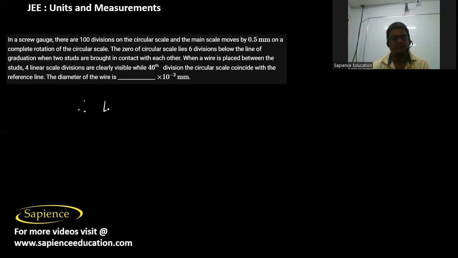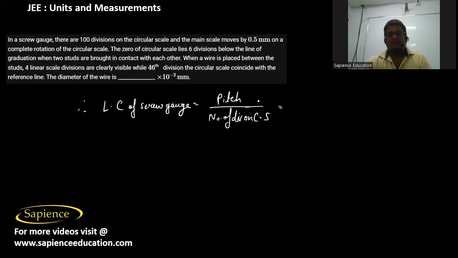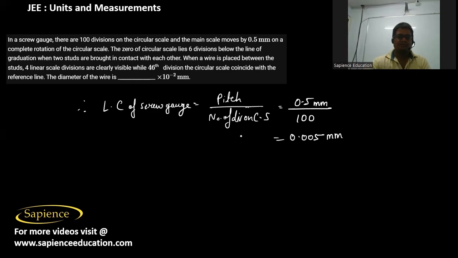So we can first find out the least count of the screw gauge. The least count will be equal to the pitch of the screw gauge divided by the number of divisions on the circular scale. The pitch is 0.5 millimeter divided by 100, so that will be 0.005 millimeter.